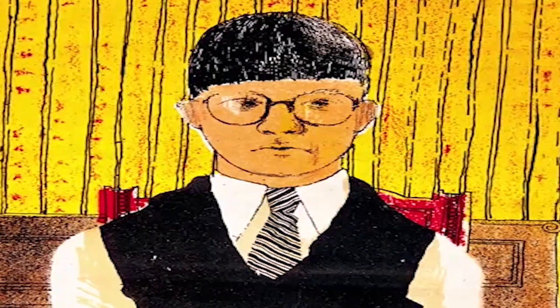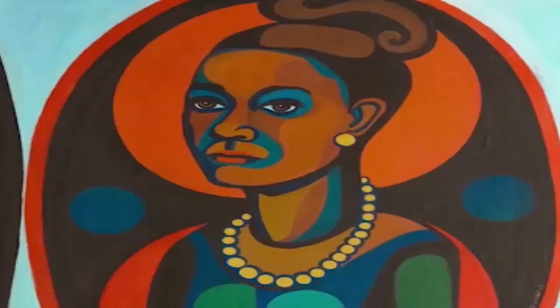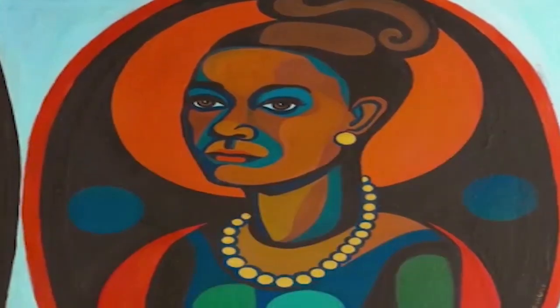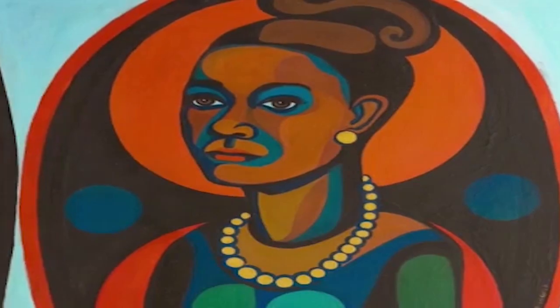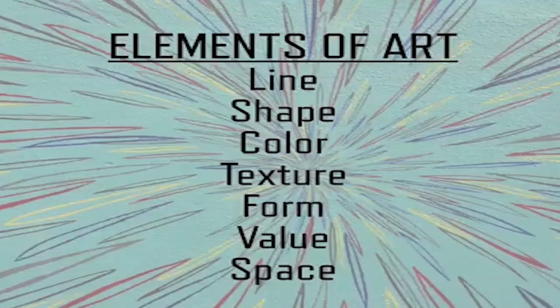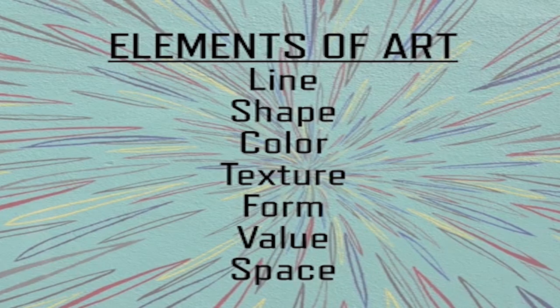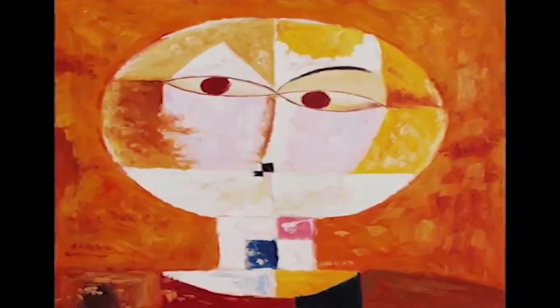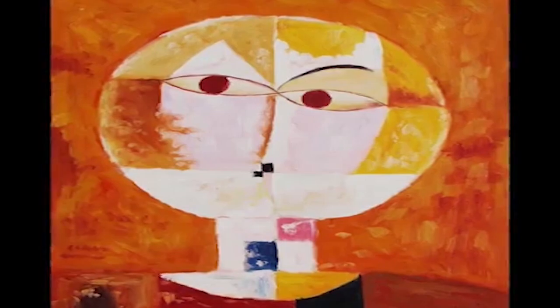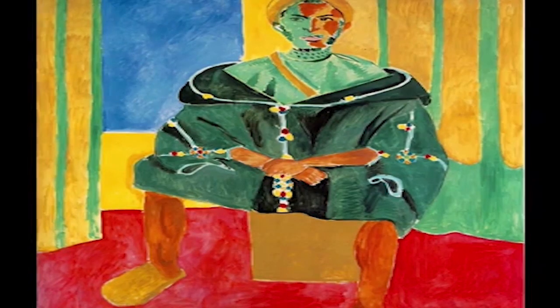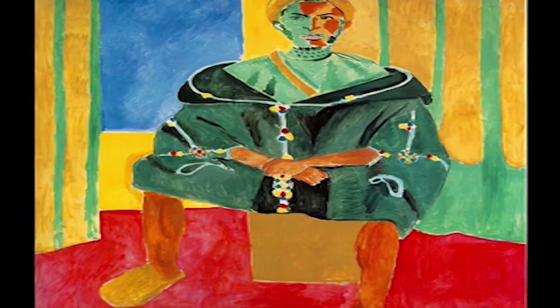Although they are portraying very similar things, one main idea that differentiates them is how the artists have used line in their work. Line is one of the 7 elements of art, along with shape, color, texture, form, value, and space. These 7 elements are the building blocks of all art and are a great place to start when analyzing or interpreting works of art.